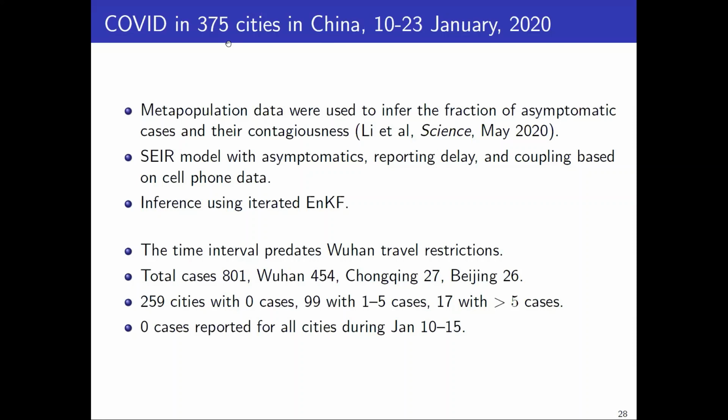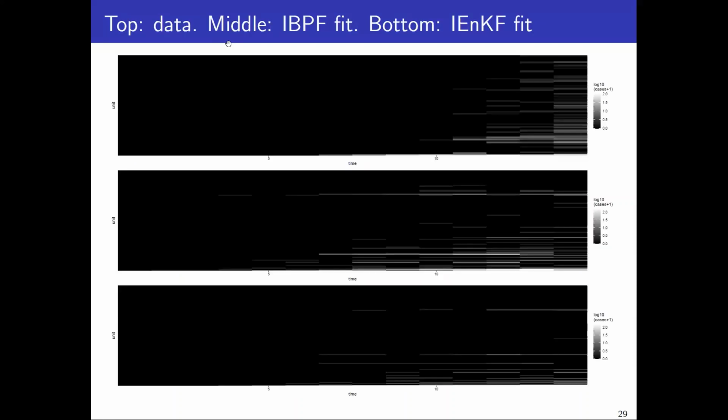We were interested whether, if you get the discretization right and you use an iterated block particle filter rather than an ensemble Kalman filter, that changes the story. We're still working on this data analysis.